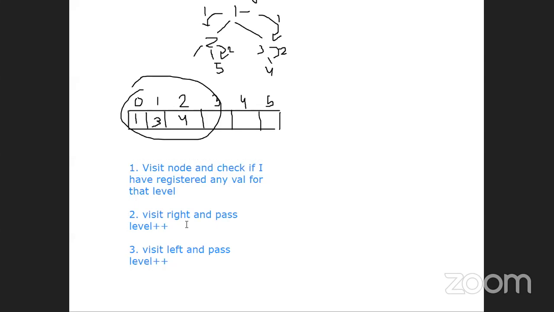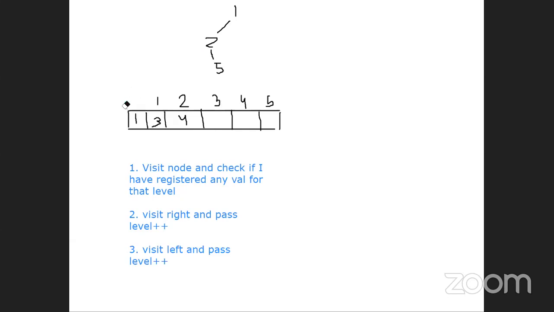So I have one question. As per this algorithm, if 3 was not there, so if from the root we go right to level 1 but 3 was not there, in this case what will be added? We will go to the left, right? 2.